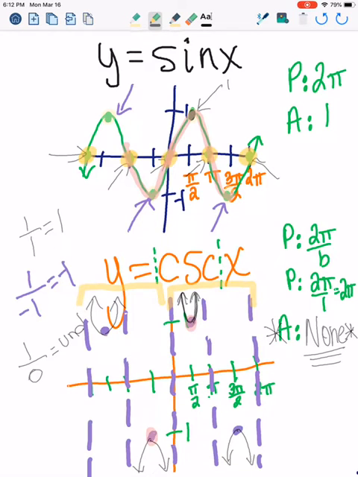This one's going to keep going up forever and forever, and then likewise these, but they're just going down. So there's no way to measure the height. Some of us might want to say infinite or infinity or negative infinity, but that's still not a measurement. It's not like some way we can put a number on it. So from here on out, you need to really make sure you understand that the amplitude is going to be none.